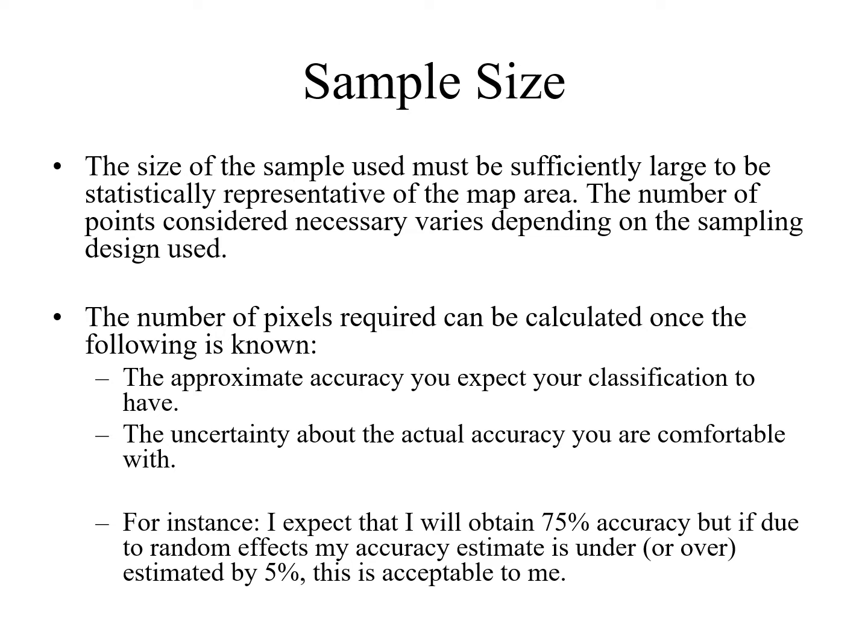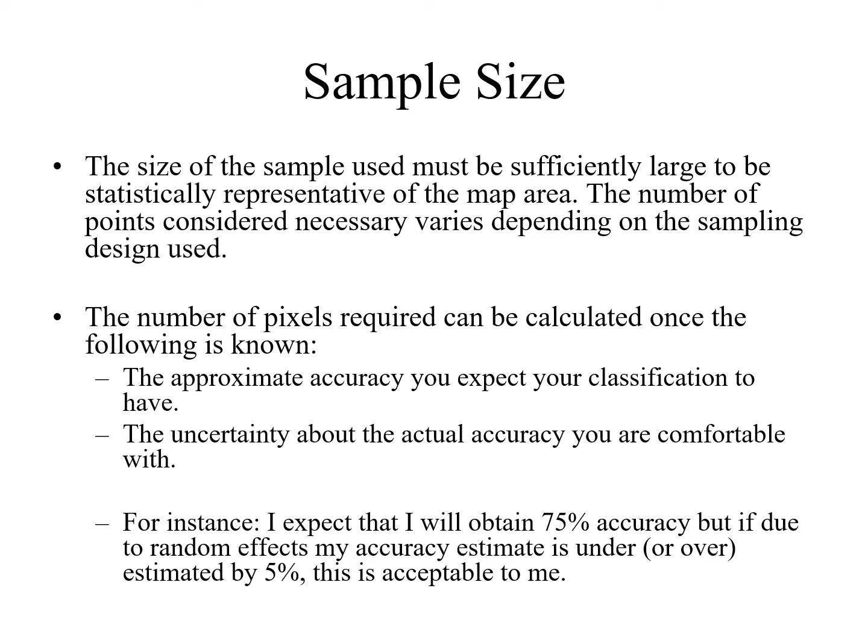So you can calculate the number of points once the following is known. You need to know the approximate accuracy you expect your classification to have. So you might say, based on previous results, we expect this classification to have 80% classification accuracy.